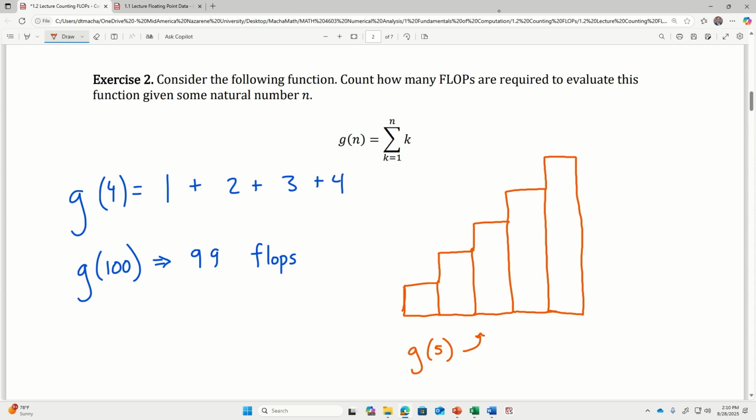Or, what if I were to instead calculate the area of this square, this big old square?